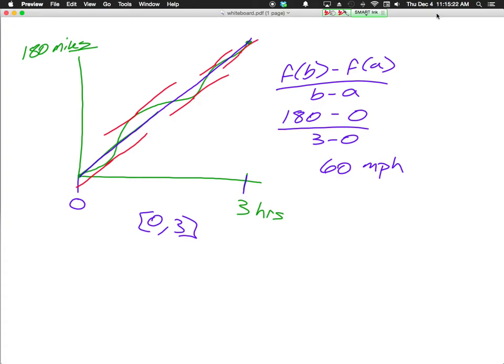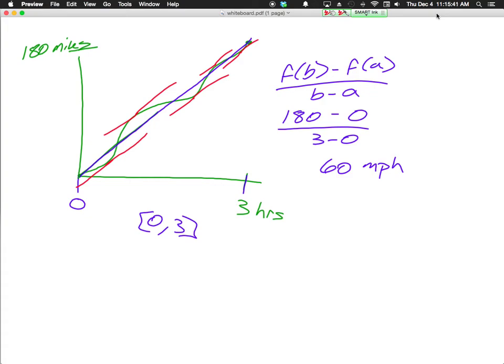There are so many. So what does that tell me about my car during those 3 hours? At least five times along that drive, I was actually going 60 miles an hour.